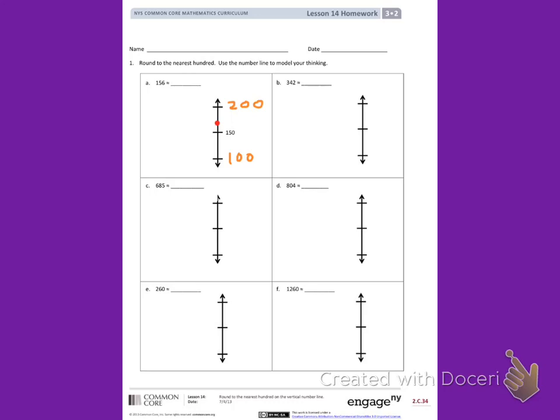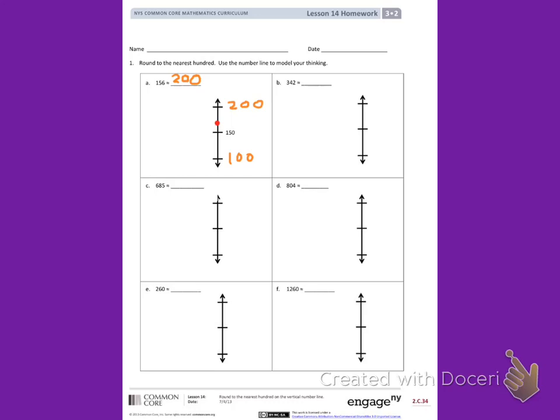Since 156 is greater than 150, you can see that when rounding it to the nearest hundred, the correct answer is 200. Because 156 is closer to 200 than it is 100.